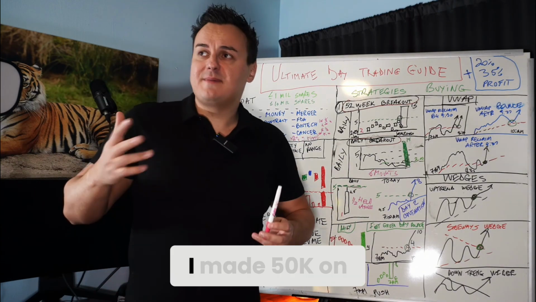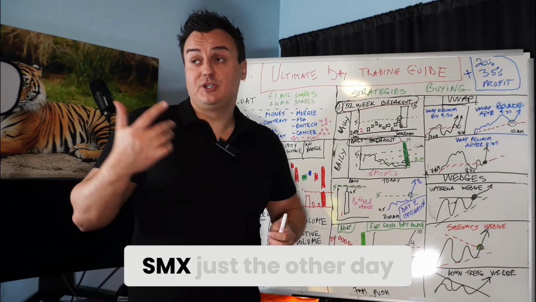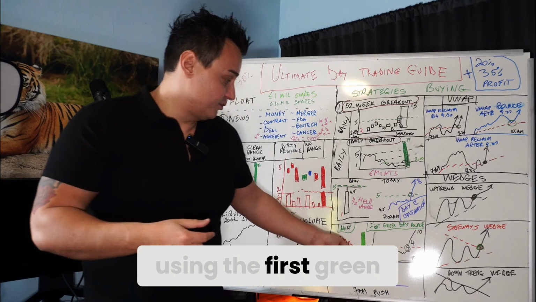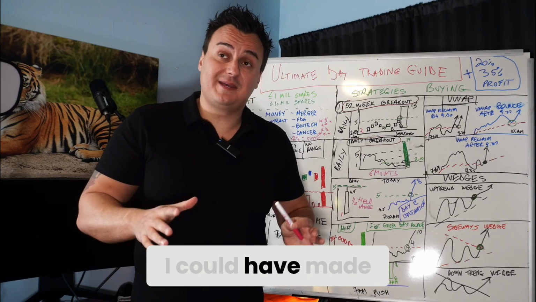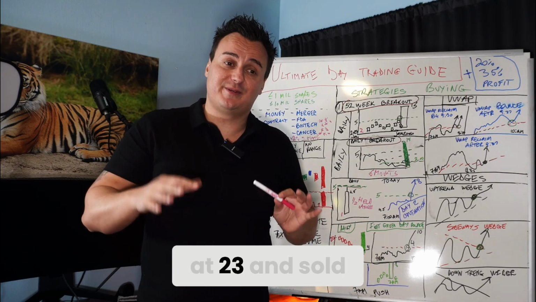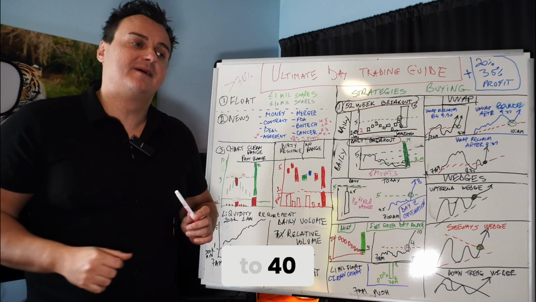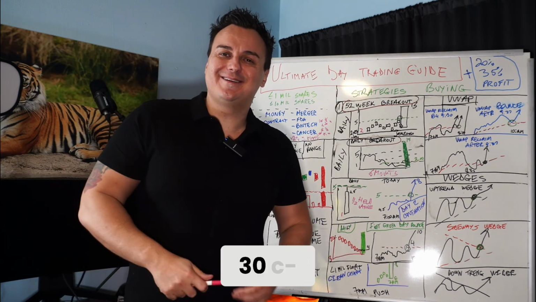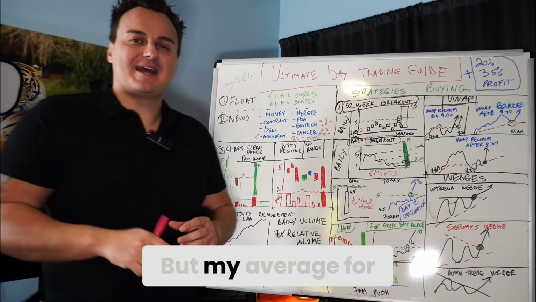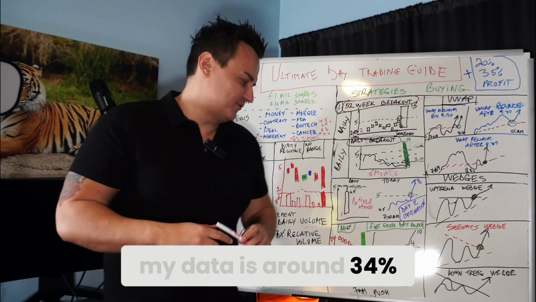So I made 50K on SMX just the other day using the first green day bounce strategy. And I could have made a lot more because I bought it at 23 and sold at 30 and it went to 40. I could have made 30 or more, but my average from my data is around 34%.